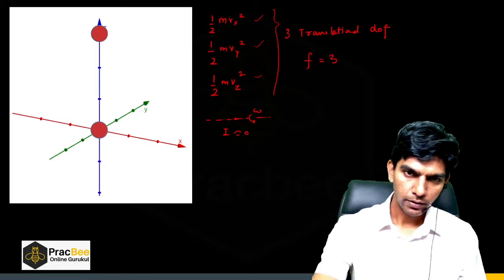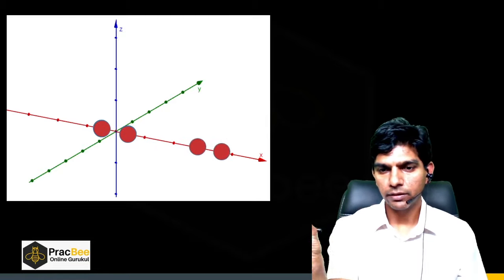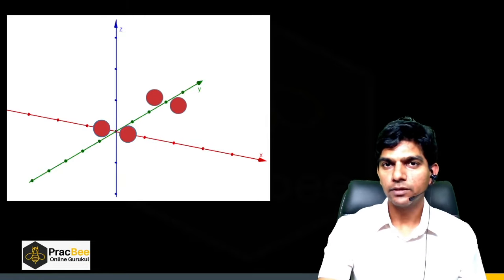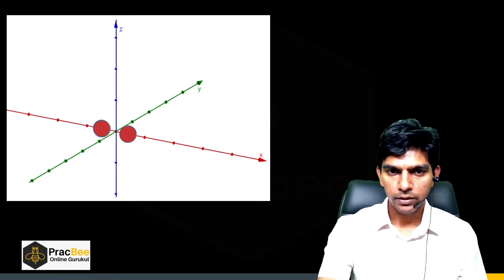Now let us see the case of a diatomic molecule. In case of a diatomic molecule, this molecule can translate in the x direction, it can translate in the y direction, it can also translate in the z direction. And there is one more thing, it can also rotate about the z axis. It is rotating about the z axis. It can also rotate about the y axis. Can you see?